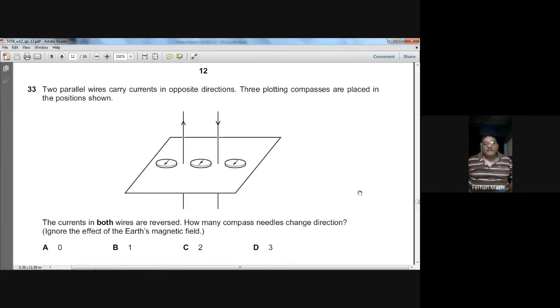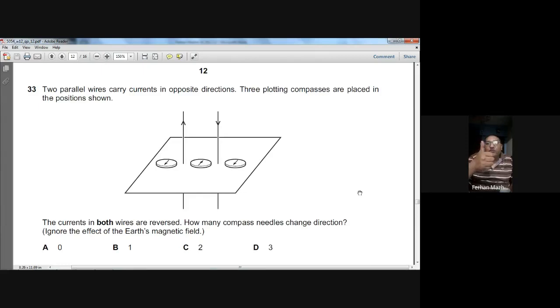So the magnetic compasses put around it show the magnetic field is anti-clockwise. So he says, change the direction of the current. So now when you change the direction of the current, the right wire will have a current going in the upward direction.